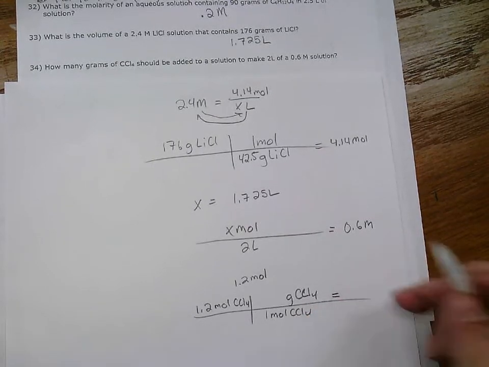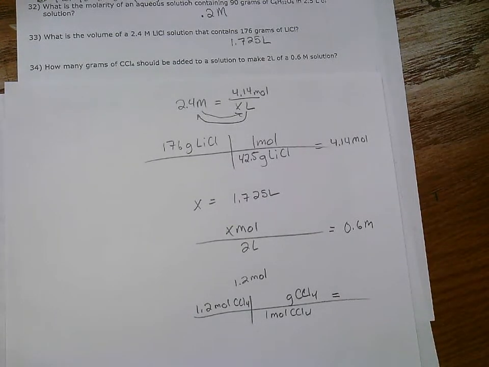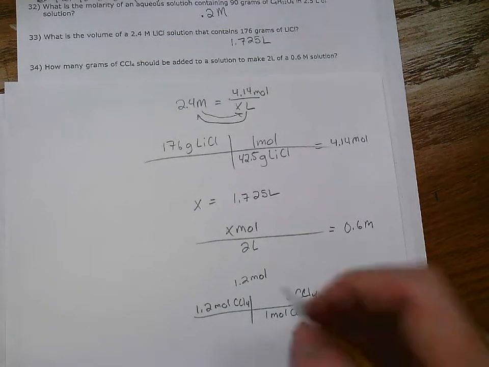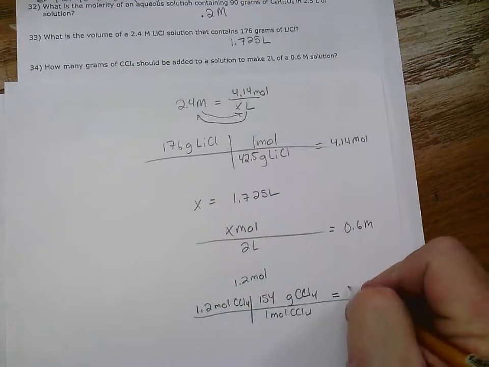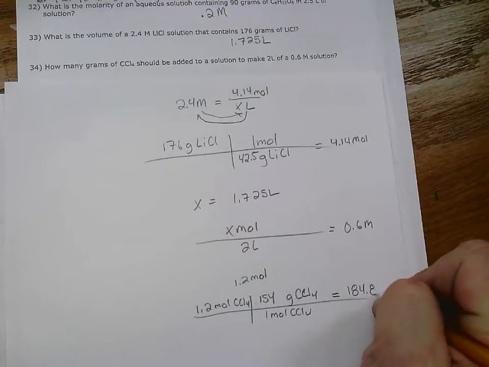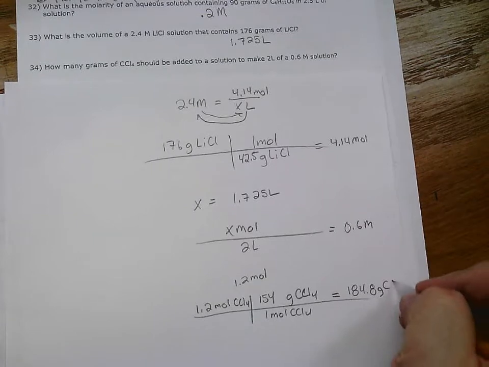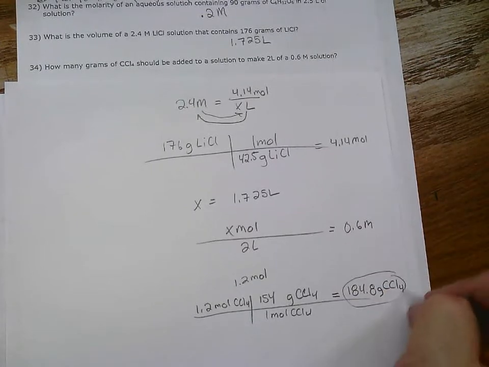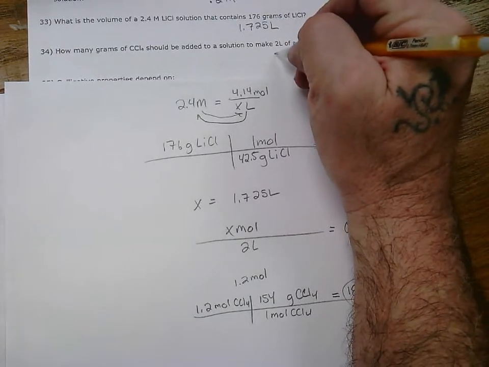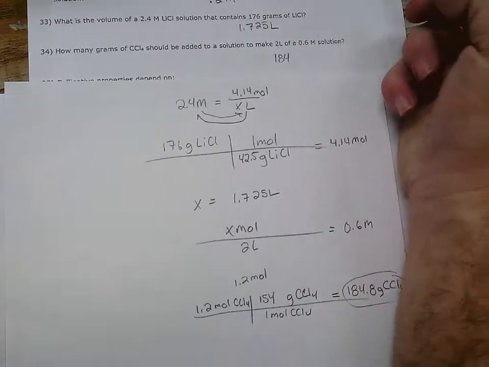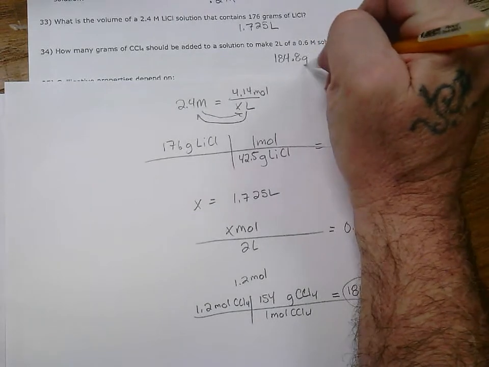Okay, so CCl4: Cl is 35.5 times 4 plus 12, which is my 1 carbon. 154 grams times 1.2 equals 184.8 grams of CCl4. So that is my answer. 184.8 grams CCl4.